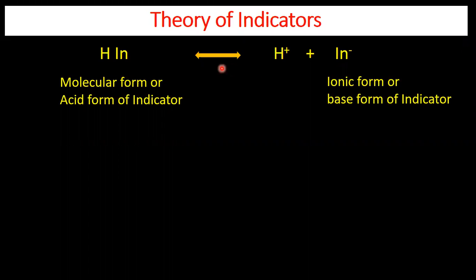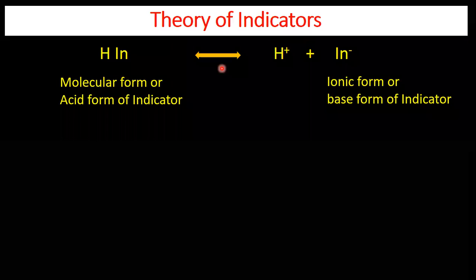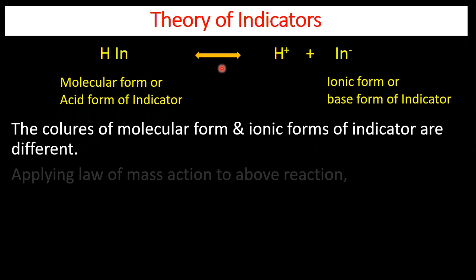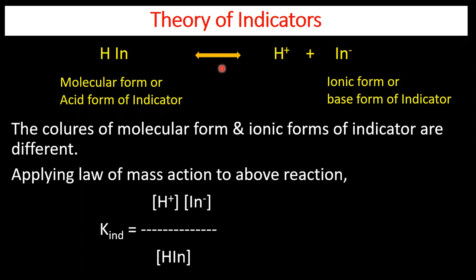So when equilibrium is set up in the reaction, we can calculate the equilibrium constant of this reaction. By applying the law of mass action, K indicator is equal to the concentration of products upon the concentration of the reactant. Now here, this molecular form and ionic form of the indicator have different colors in different media.